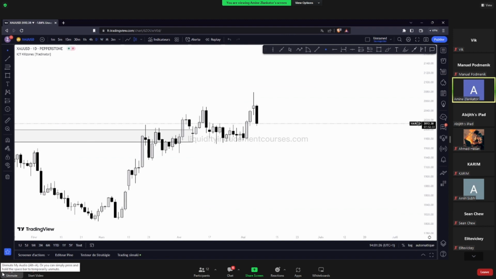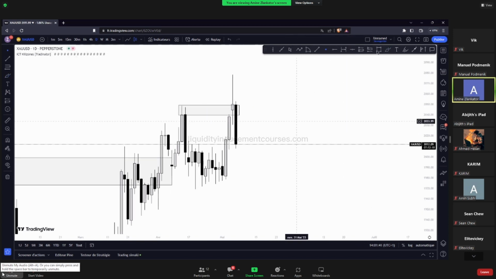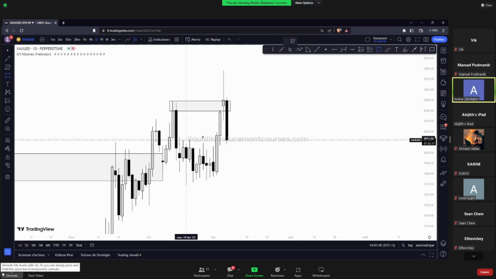If you have a daily break right here, you say daily is bullish. This is not MM, okay? The MM would be something like this: wick level. Instead of taking the level, you take the wick.